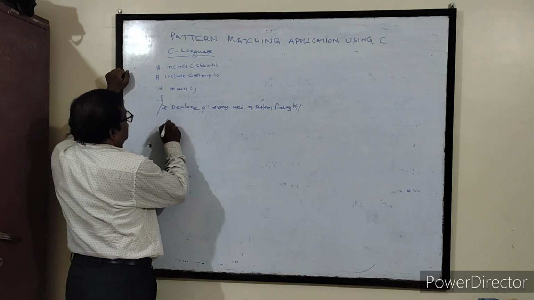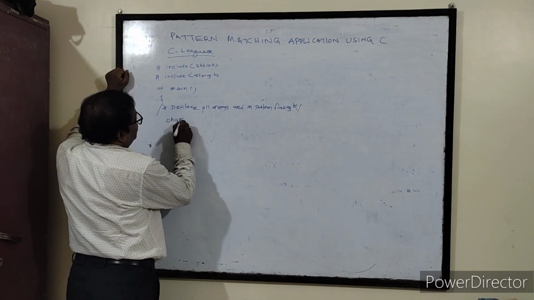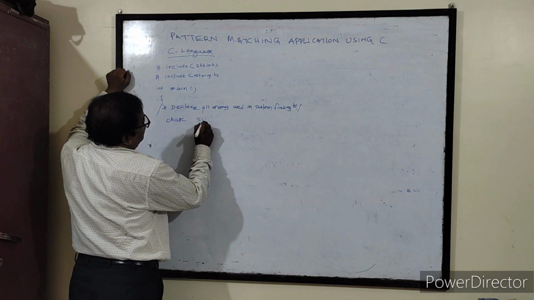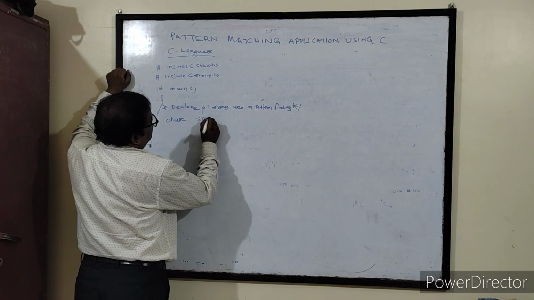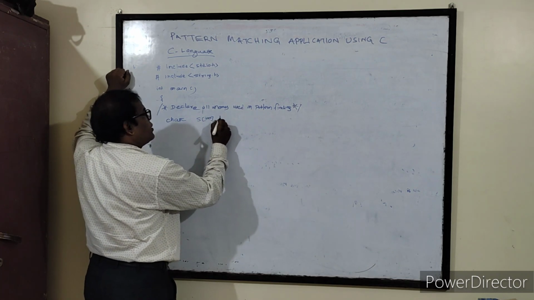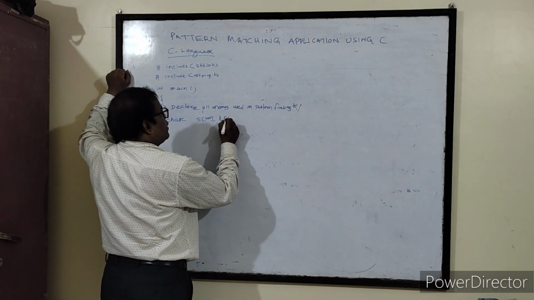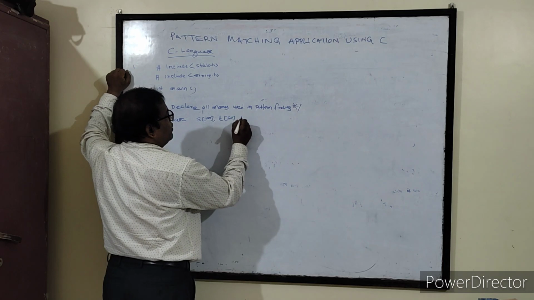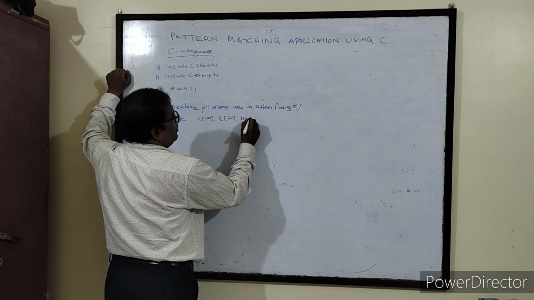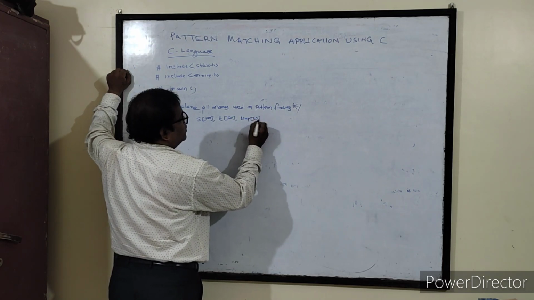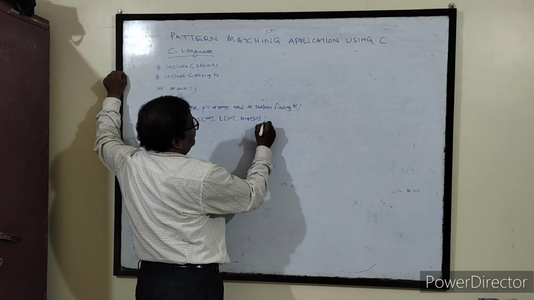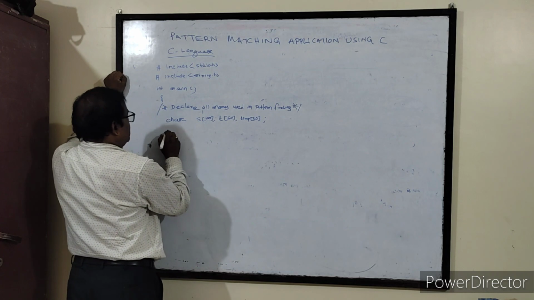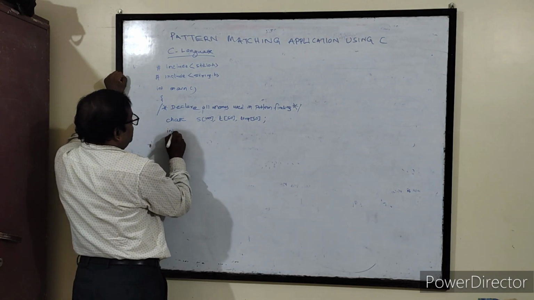Now the declaration of variables: let me write 50 characters or 100 characters for substring, and temp 50 characters. This is the static declaration, character type.